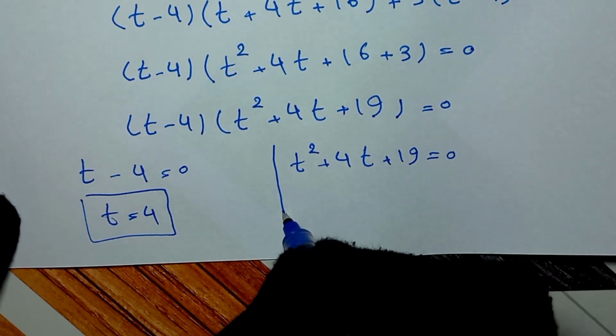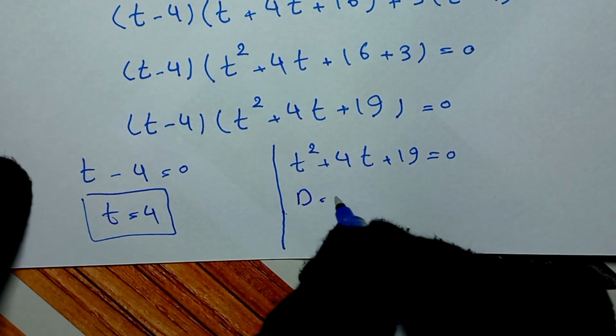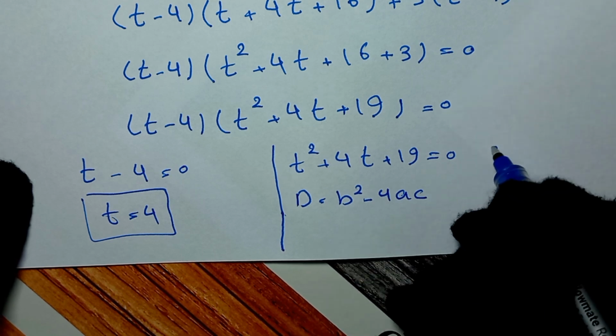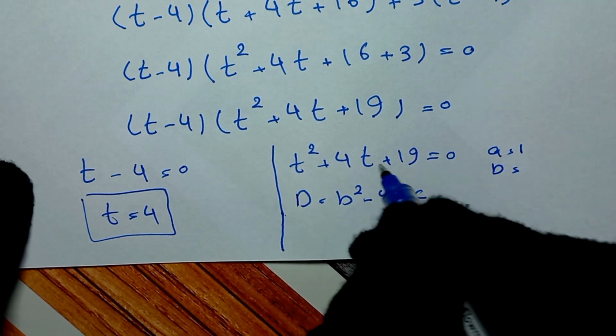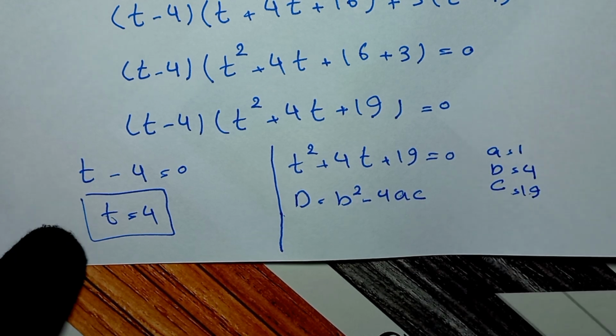And here we use quadratic formula, and the discriminant is b squared minus 4ac, right? And a, the coefficient of t squared, is 1, b, the coefficient of t, is 4, and c, the constant, is 19.